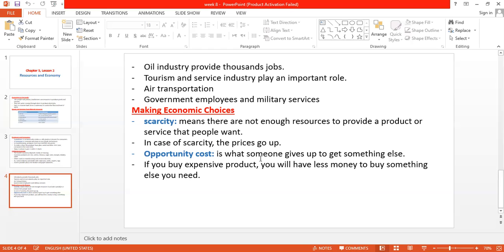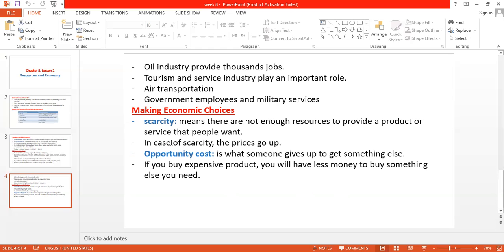So opportunity cost means what you give up, what you leave to get something else. Now you leave the pencil. Why? Because I don't have enough money. I bought only the mask, right? That's why, guys, if you buy an expensive product, you don't have much money to buy something else, right?